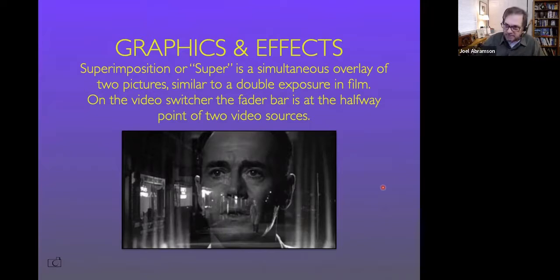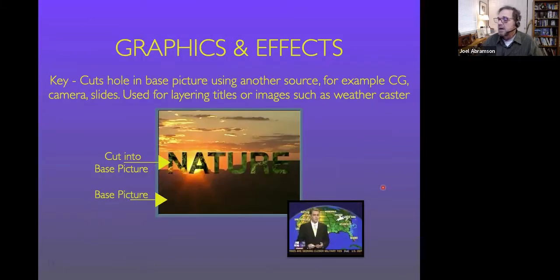Now that was one of the very, very first basic effects that they could do in video switchers. And then they got into key effects. And basically the key cuts a hole in the base picture. All right. So in this case, this is your base picture. The sunrise is the base picture.